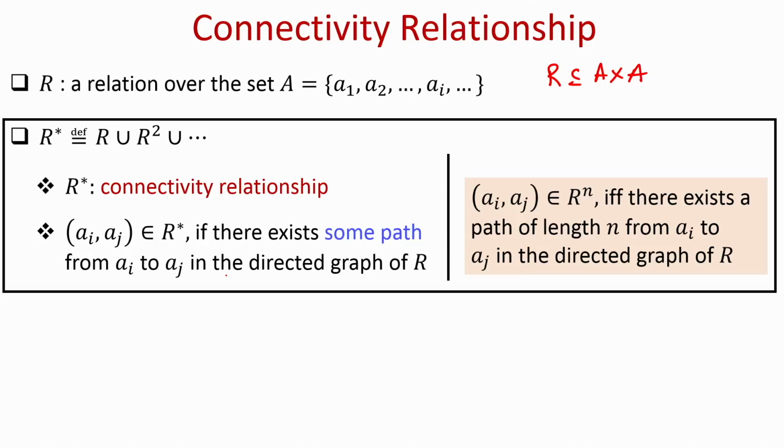It may be of length 1, it may be of length 2, it may be of length 3, I do not care about the length. The guarantee is that there exists at least one path from the node a_i to the node a_j in the directed graph of your relation R.